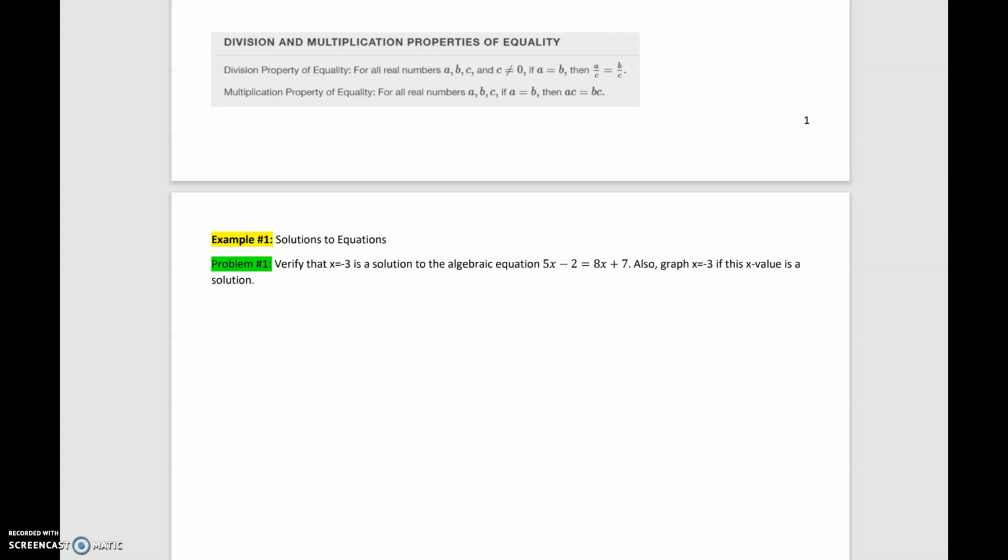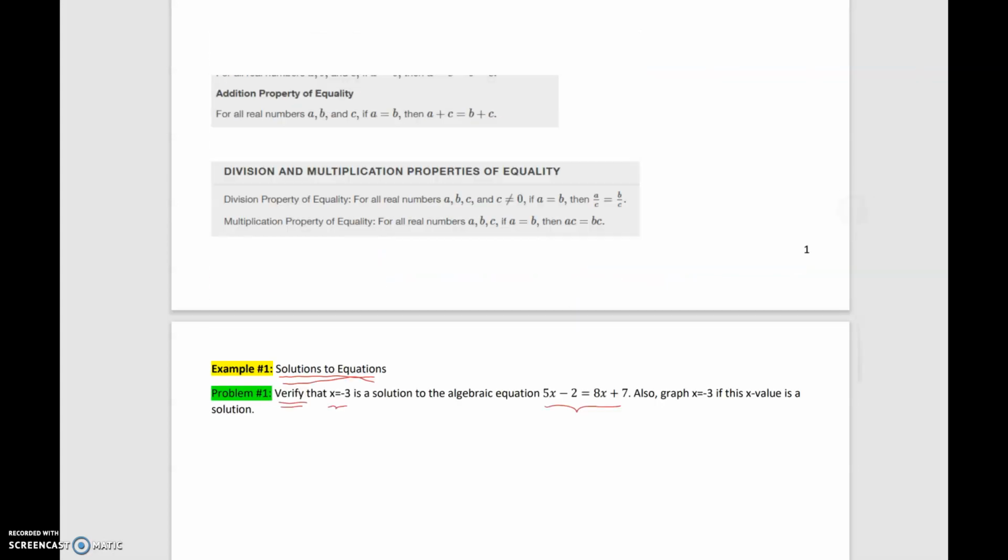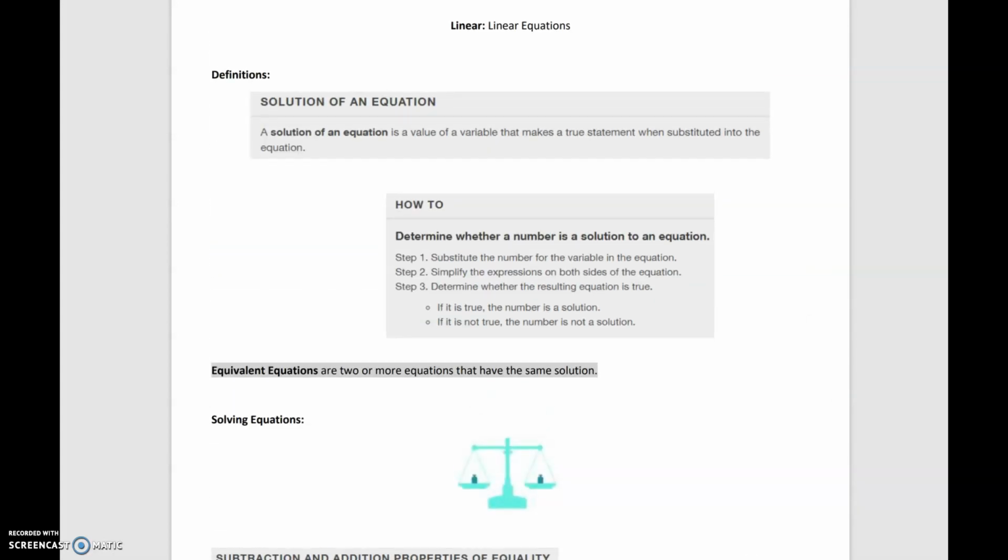And well, before we actually take a look at example 1, let's talk a little bit about solutions of equations. Now on problem 1, take a second and read it. They want us to verify if a specific value, in this case x is equal to -3, is a solution to this equation. Now, in terms of solutions, we're looking at this definition here.